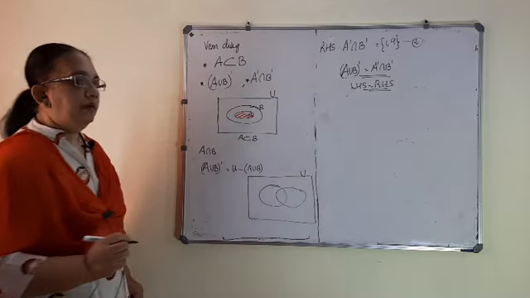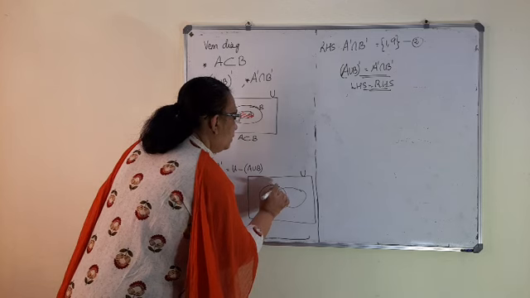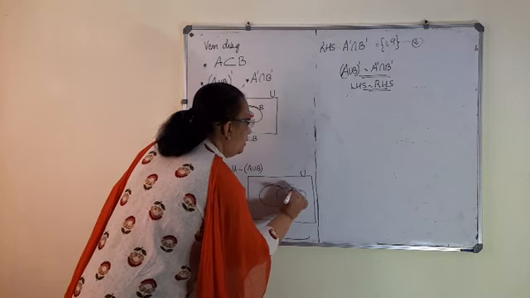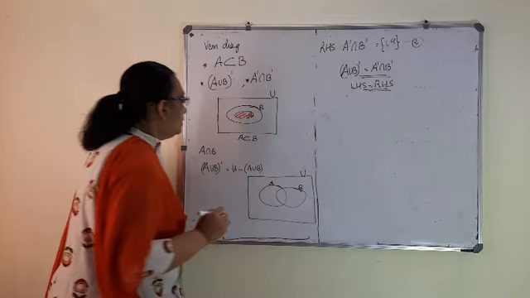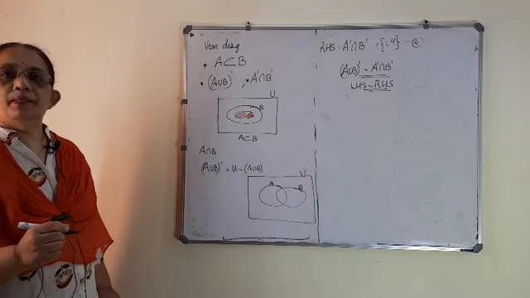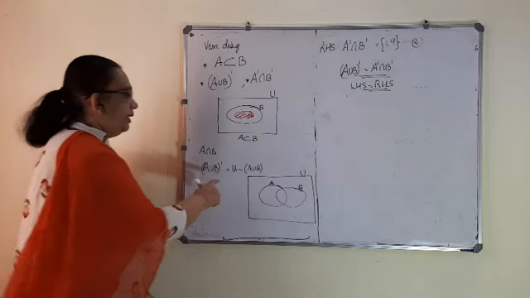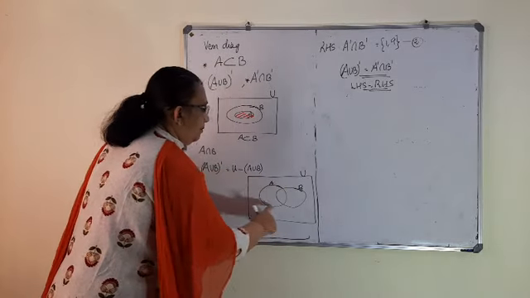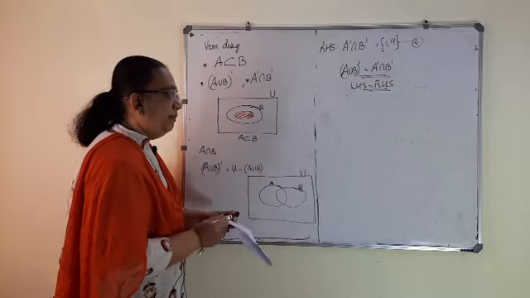Unless they are given as disjoint sets, you draw the figure in such a way that they are not disjoint. A and B. What is the meaning of A union B the whole complement? It is U minus A union B, which means this is A union B. So what is U minus A union B?